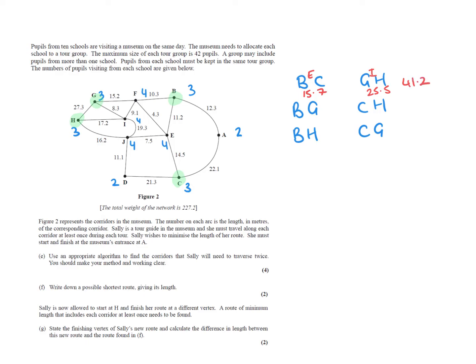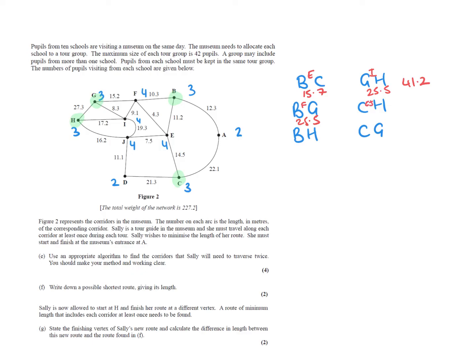Next we've got BG, B to G, 25.5, just BFG. BFG, anyone know what that means? Yeah, big friendly giant. That's 25.5. Okay, C to H, CEJH.